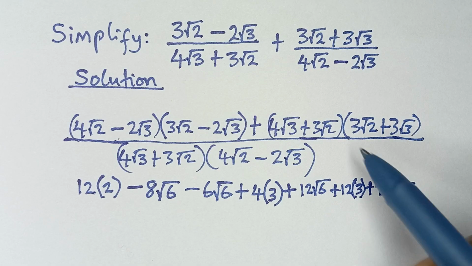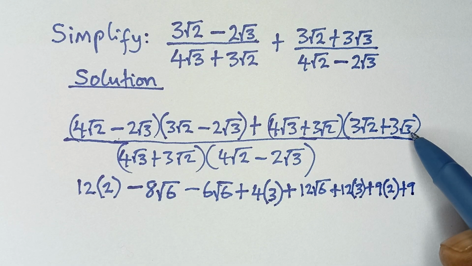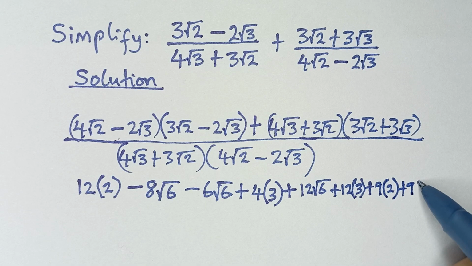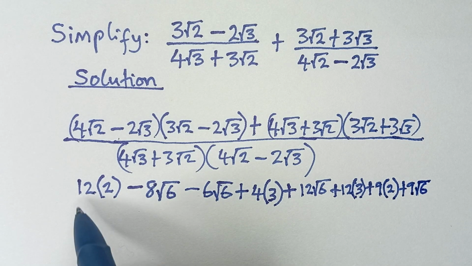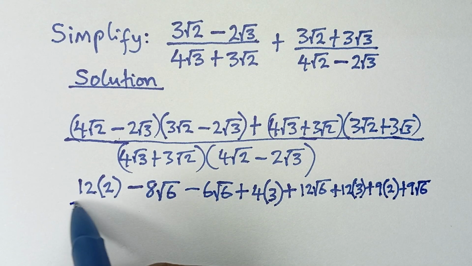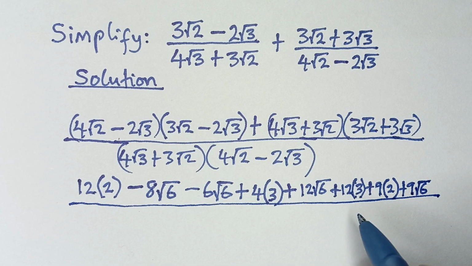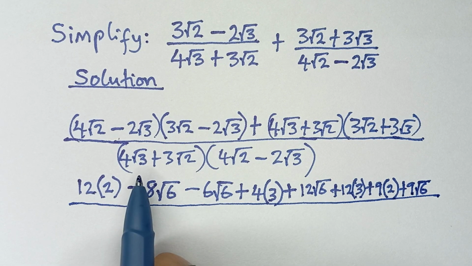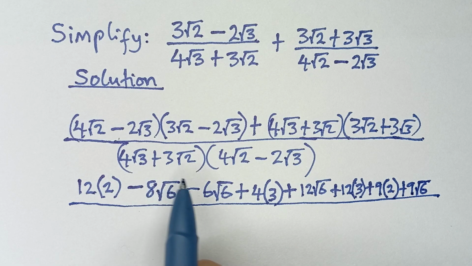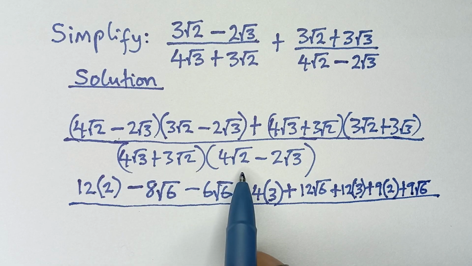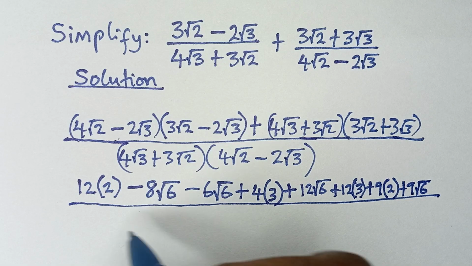And then root 2 multiplied by root 3, that will be root 6. So that is the numerator part. Then we also do the same simplification with the denominator. So I have 4 root 3 multiplied by 4 root 2, that is 4 multiplied by 4 will give me 16.